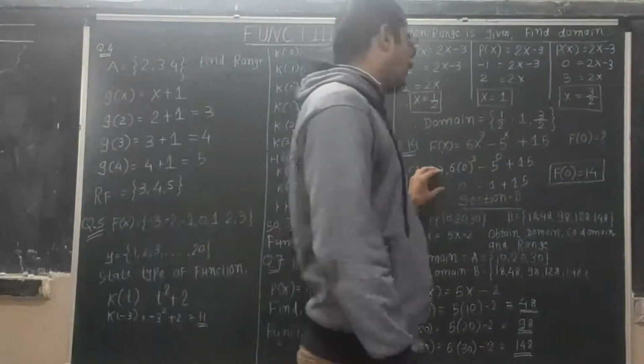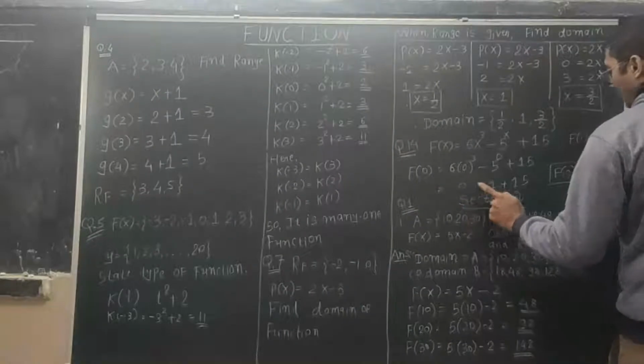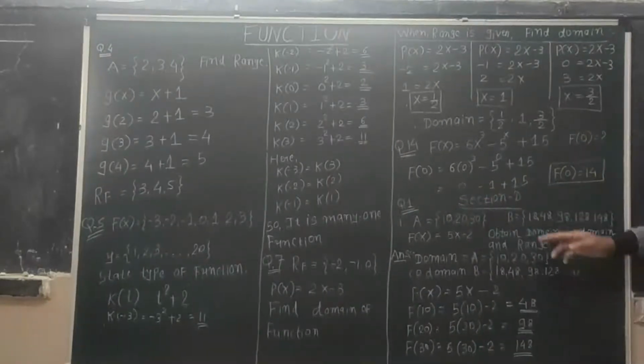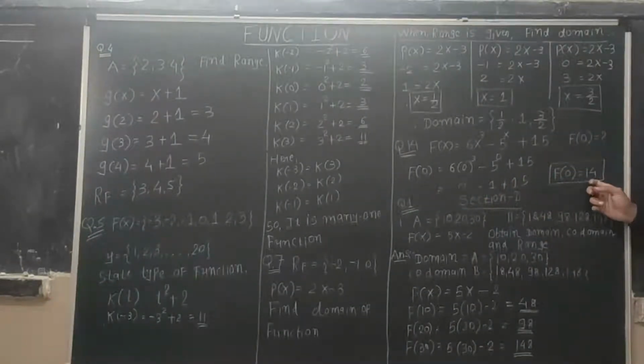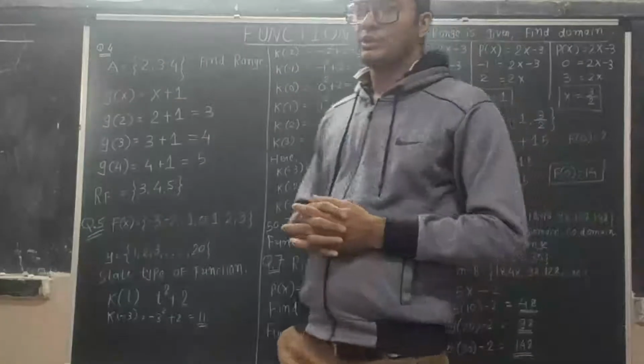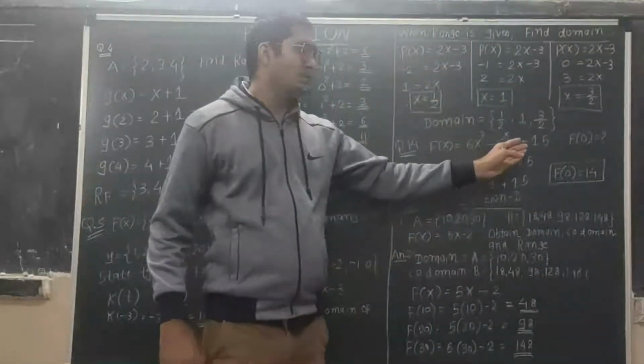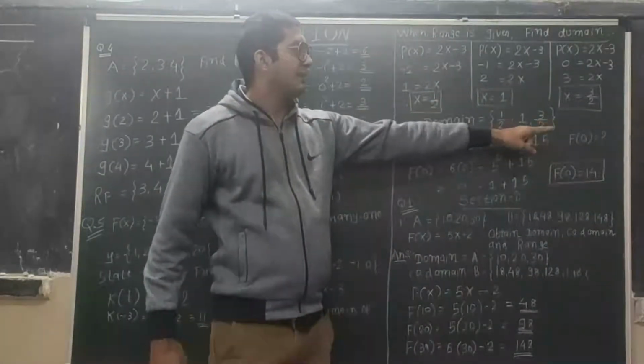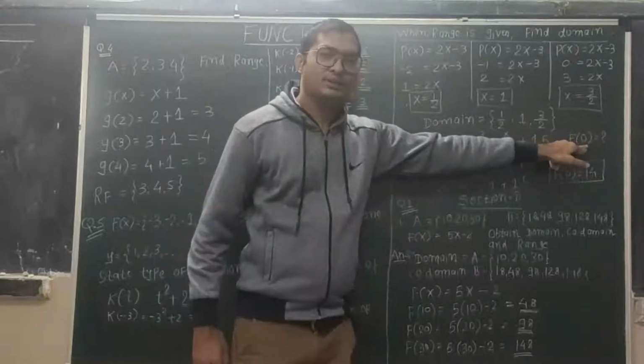Now if I simplify that, 0 minus 1 plus 15, we get the simple answer 14, that is 15 minus 1. So these types of question can also be asked in the exam, where any kind of equation is given and they ask you to put the value instead of x.